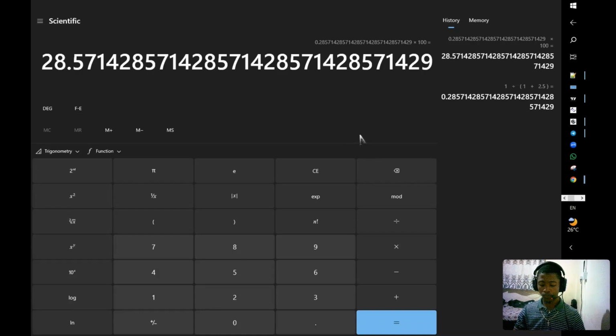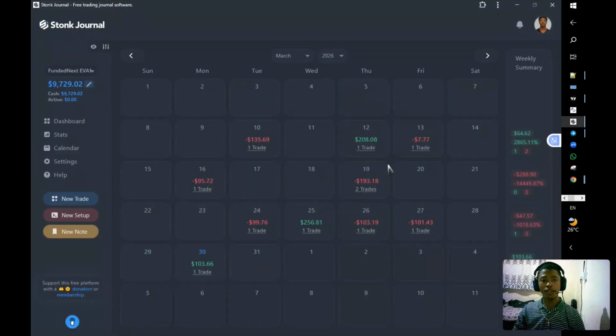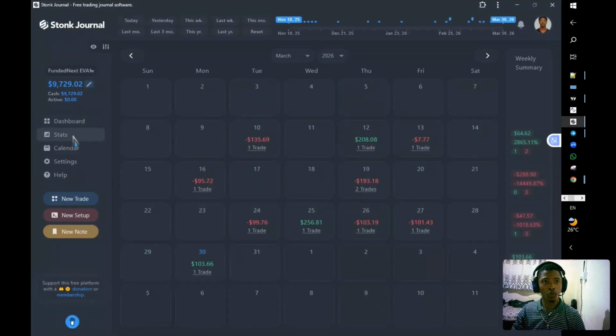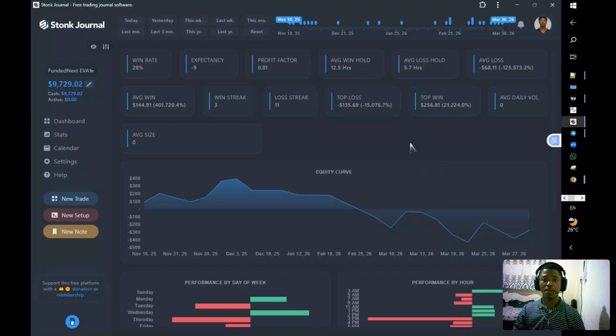With this, you can see in my journal, if I go to my statistics, mind you, this account I've only traded for about 1 month, one serious month, because I bought it in November, and because of the festive season holiday, I did not trade it at all.